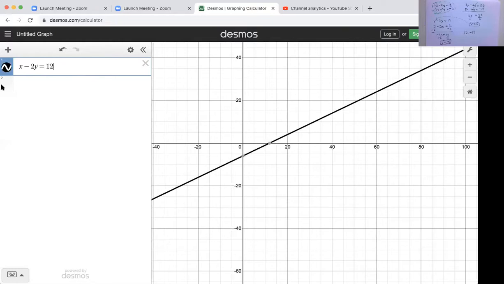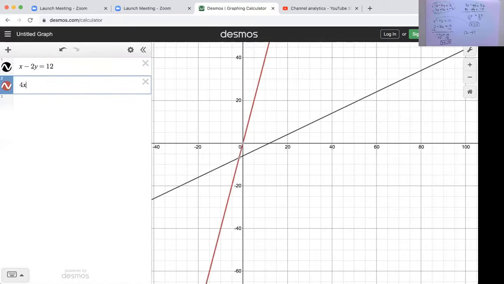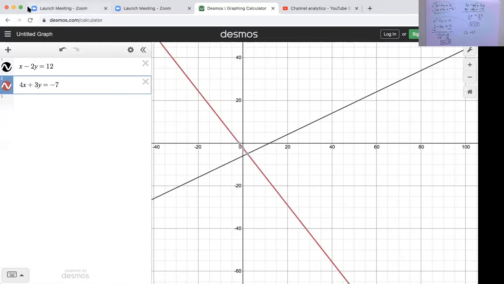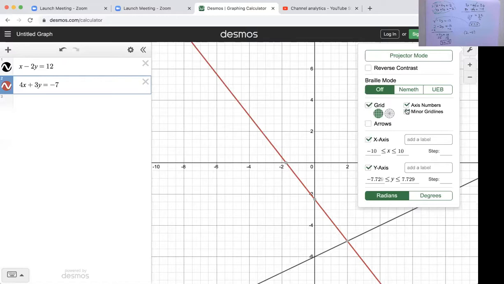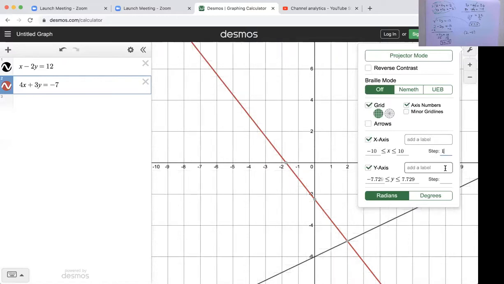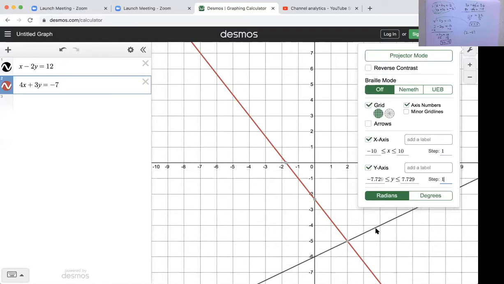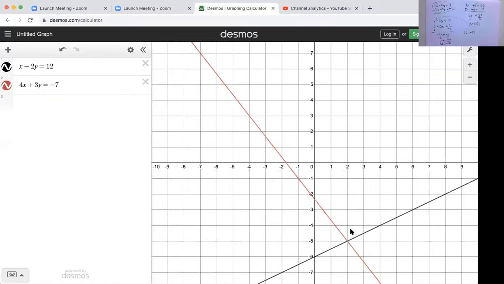And 4x plus 3y is -7. And we look for the point of intersection, and it looks like it is here. Let me just adjust it a little bit so I can see the units a little better. And sure enough, there's my point of intersection right here, which is x is 2 and y is -5. So that also supports it.